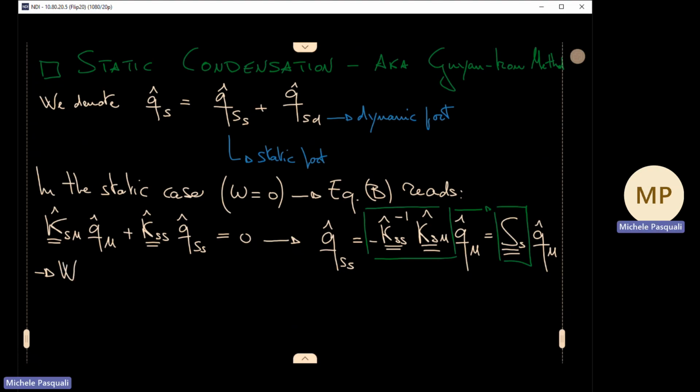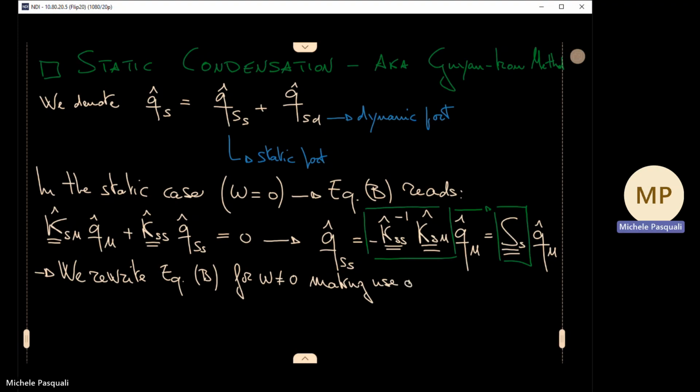So we rewrite equation B for omega different from 0, making use of S. Okay, so we basically rewrite the second equation, just introducing this new S matrix.